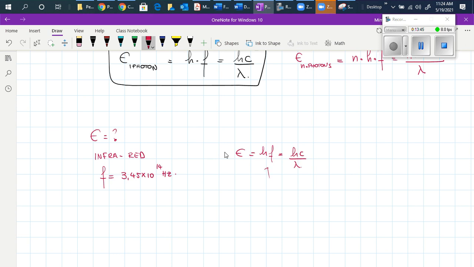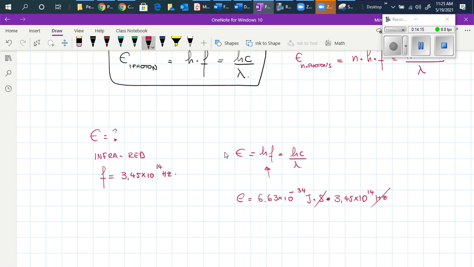Since what is given here is the frequency, we will use 6.63 times 10 to the power of negative 34 joules times seconds times the frequency, 3.45 times 10 to the power of 14 hertz, which is nothing but 1 over seconds.